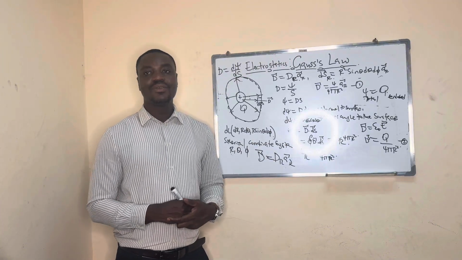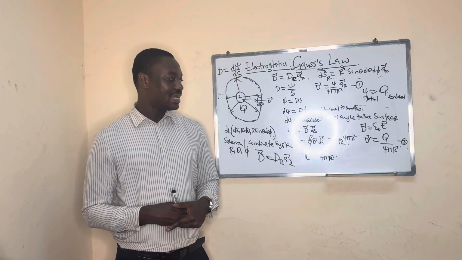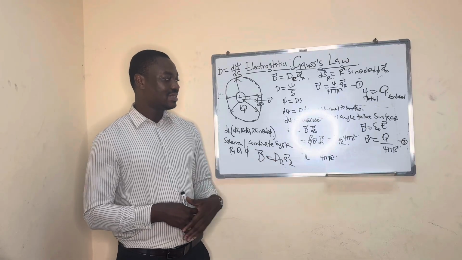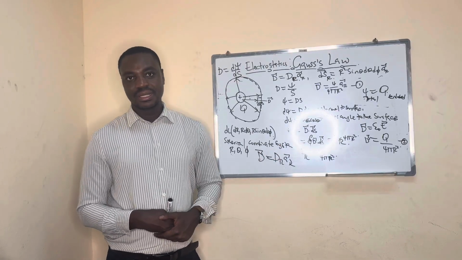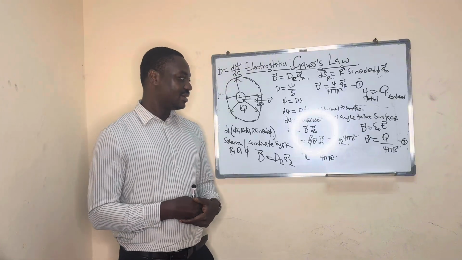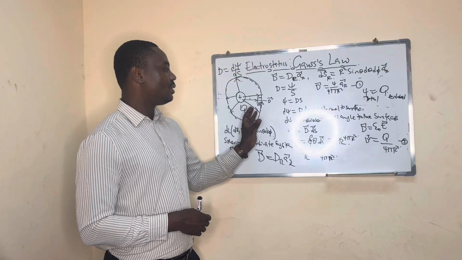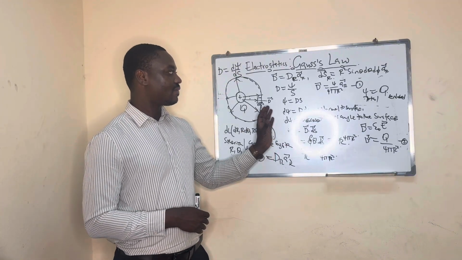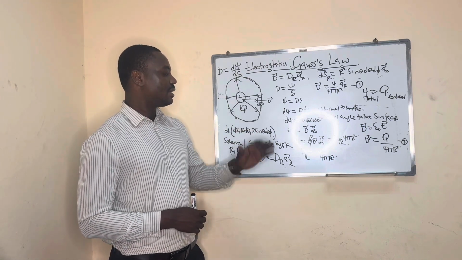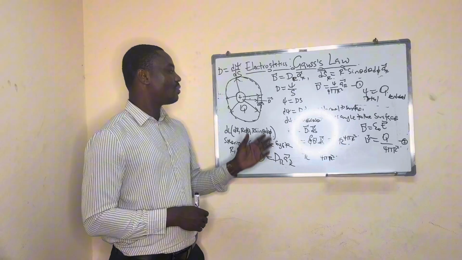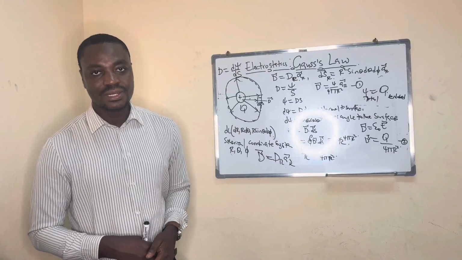And anytime you are asked to find the total electric flux, or in this case the electric flux density, we can always use Gauss's law to find this. And we can use Gauss's law in situations whereby we are dealing with a symmetrical surface.